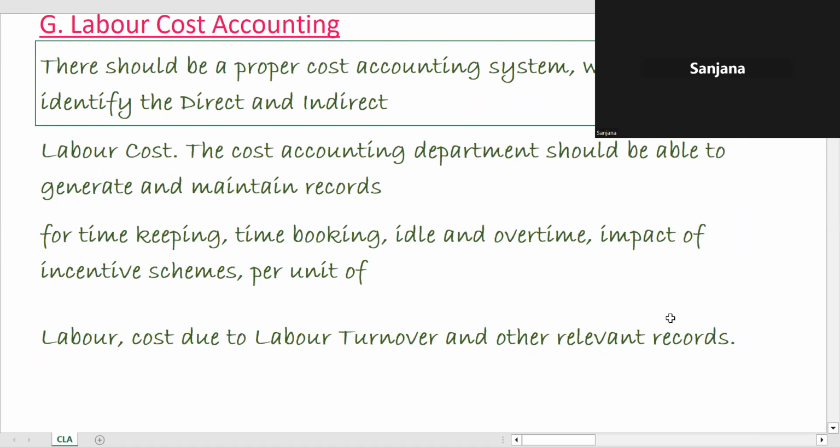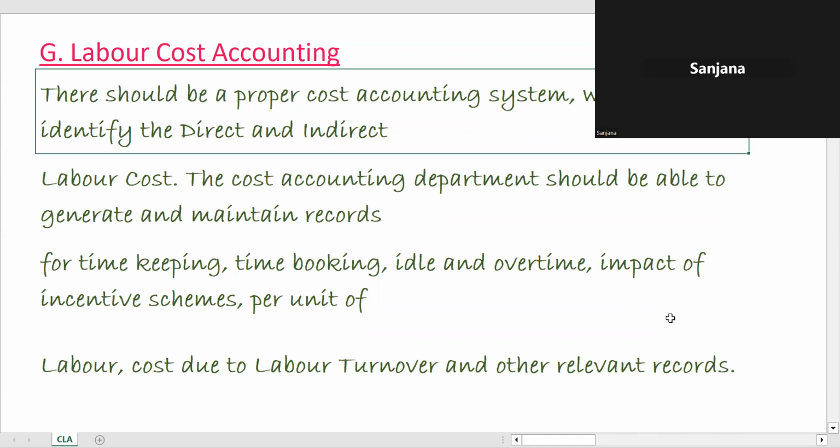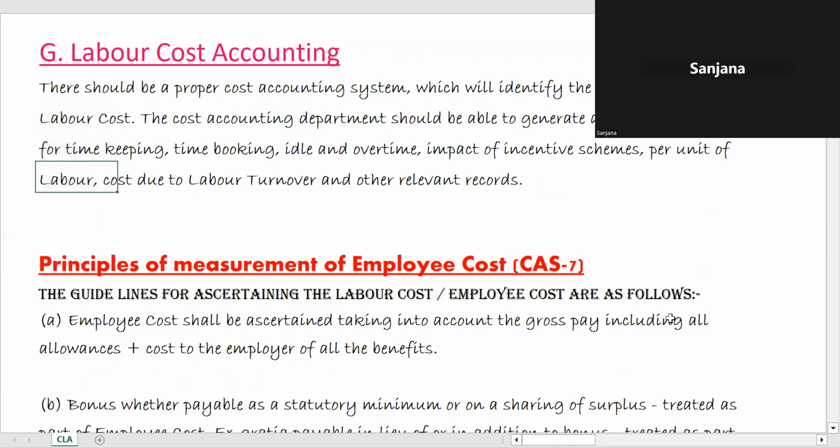Labor cost accounting reports all that. So these 7 points till G, whatever we have seen, are how we can control labor cost. If you have any question, I'll take it up. If not, we will continue.